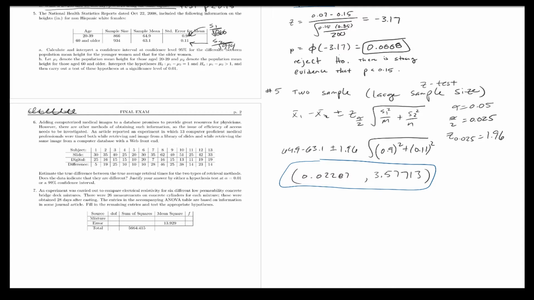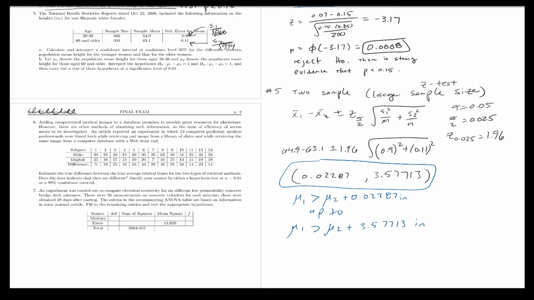And let's see, it says basically that for the 20 to 39s, mu1 is at least greater than mu2 by 0.02287 inches, up to mu1 greater than mu2 by 3.577 inches.